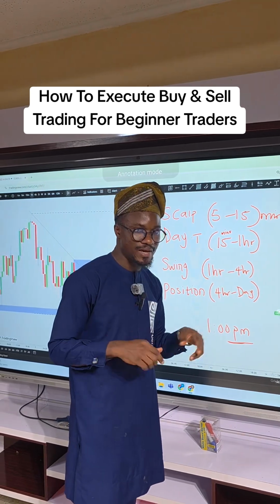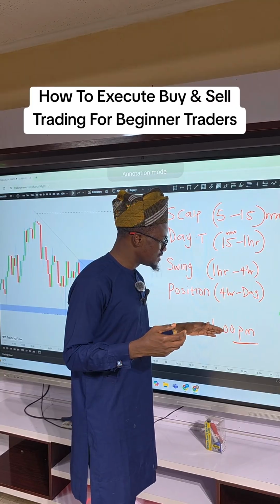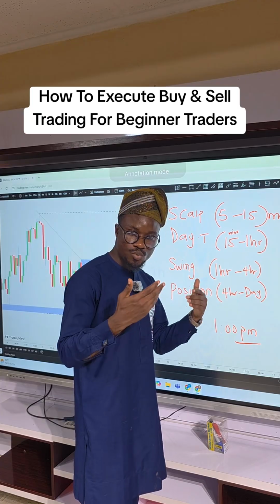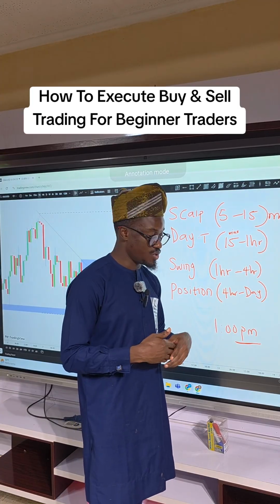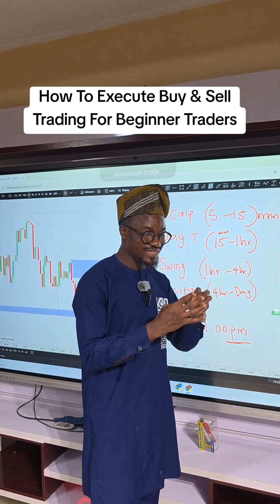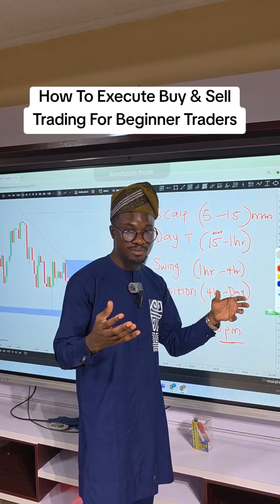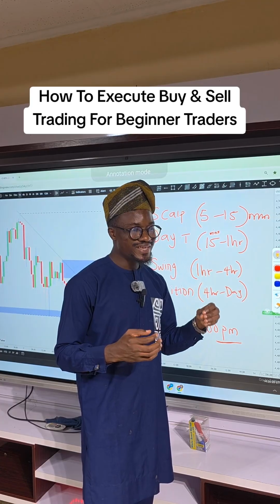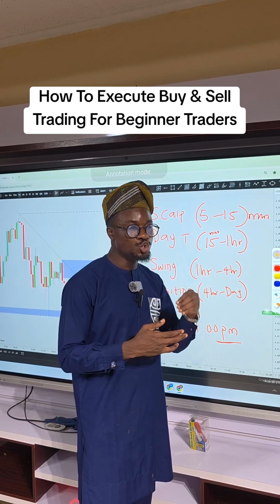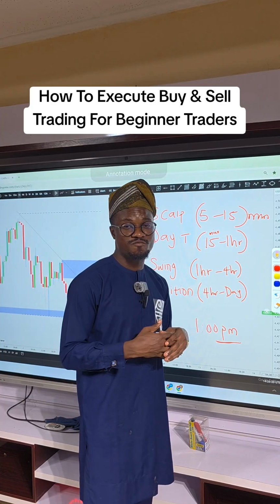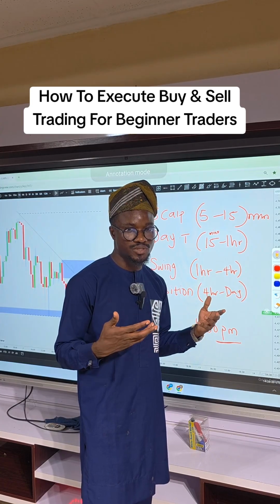Now, let's say, for instance, this trading signal was sent by 1 p.m. and when you get to your chart, the time is now 1:30 p.m. You know, that is a 30 minutes difference, or maybe even 2 p.m. That is 1 hour. For a scalper, there's a higher possibility you have missed that trade. Now, how can you know if you have missed that trade or you haven't missed that trade?